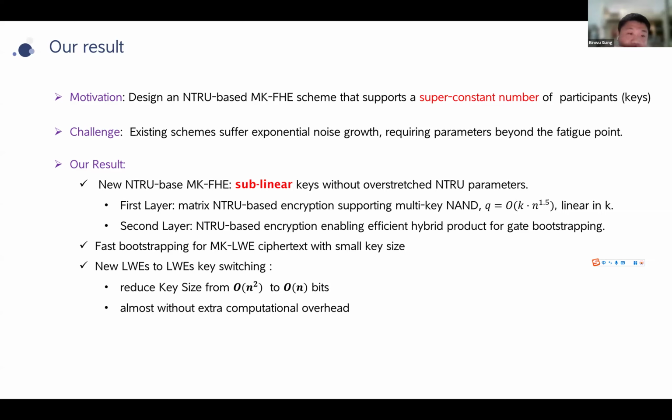And we can use our NTRU-based second layer bootstrapping to bootstrap a multi-key LWE ciphertext. Finally, we also introduce a new LWE to LWE key switching to reduce the key size from O(N squared) to O(N) bits.